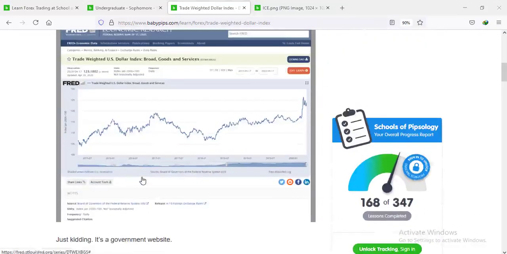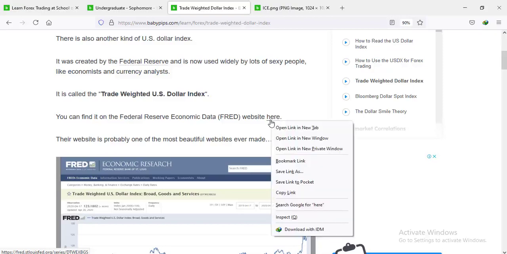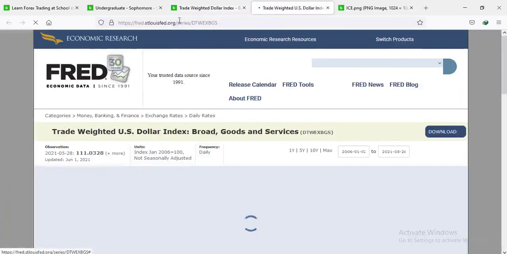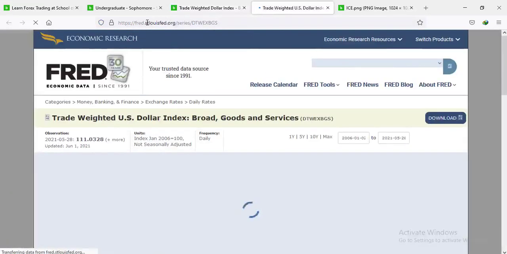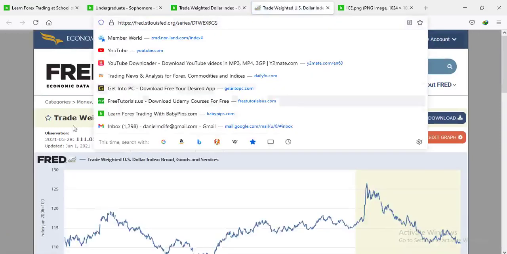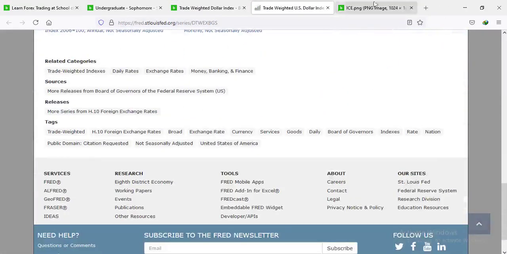The website name isn't put here, but if you click on this link you can see it below, fred.stlouisfed.org. I'm looking at it at the left hand corner. Let me just open it in another page. So here it is, fred.stlouisfed.org, and then you can see the trade weighted dollar index.